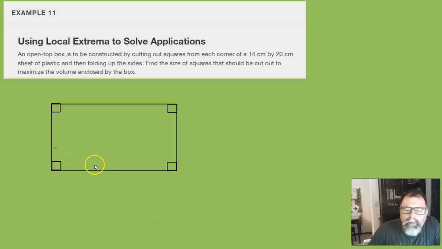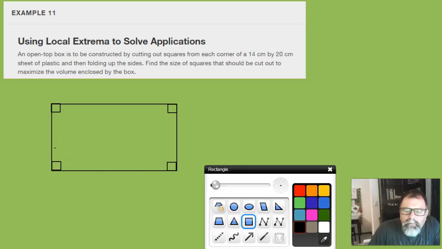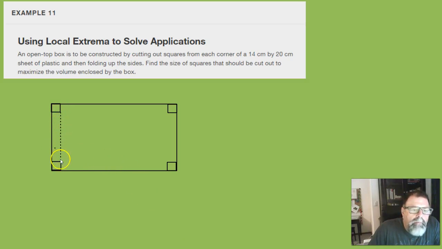And then what we can do is fold up the sides to make a box. So we're going to fold on those dotted lines.